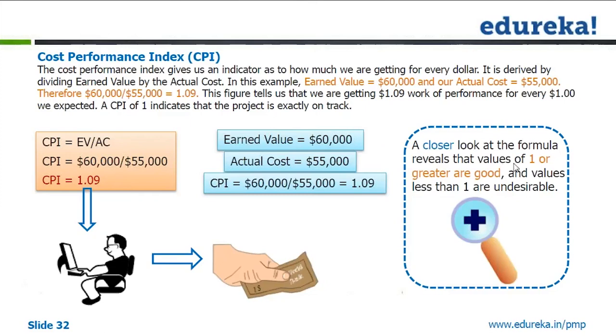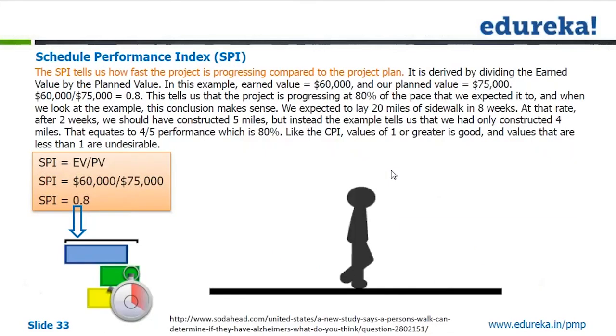So what is your cost performance index? It is 60,000 by 55,000. That is your earned value by actual cost. So it is 1.09. As we said, 1 or greater is good. But if you go to the next one, you will find that earned value by planned value, which is 60,000 by 75,000, is 0.8, which means you are behind schedule.